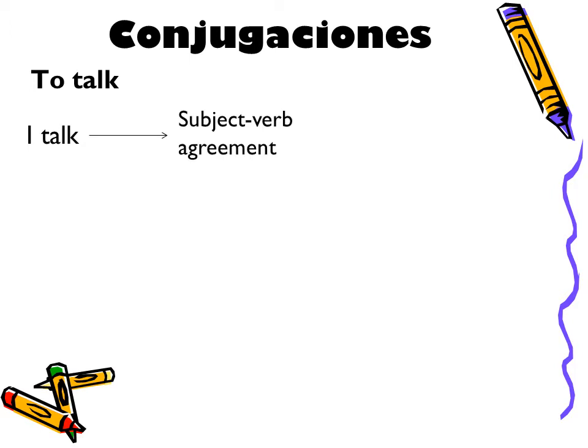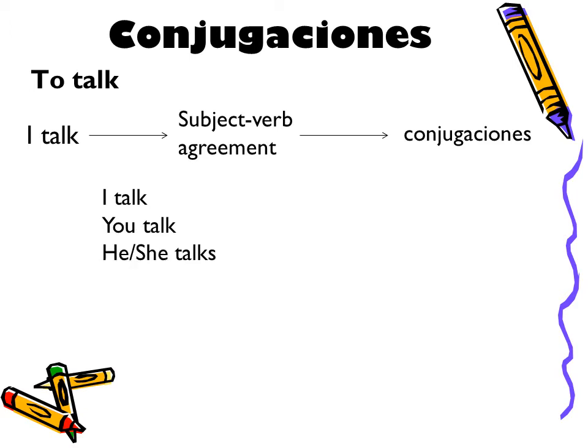Now this in English, you call the subject-verb agreement. In Spanish, we call them conjugaciones. So when you look at the subject-verb agreement and you're using talk, you have I talk, you talk, he or she talks, we talk, you all talk, they talk.